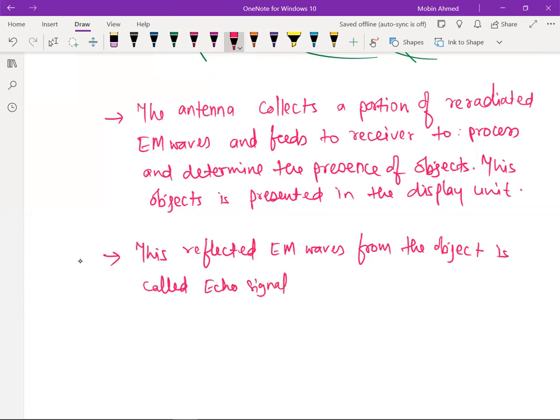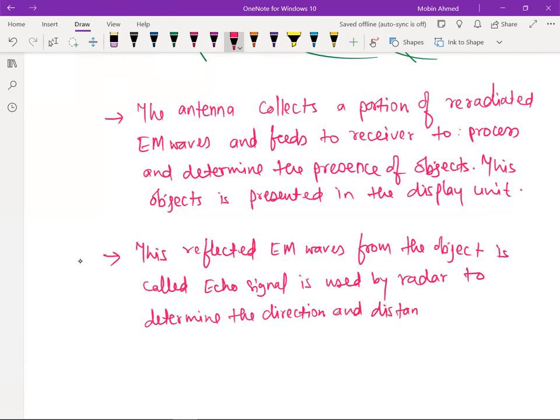It is called echo signal. Is used by radar to determine the direction and distance of the objects.